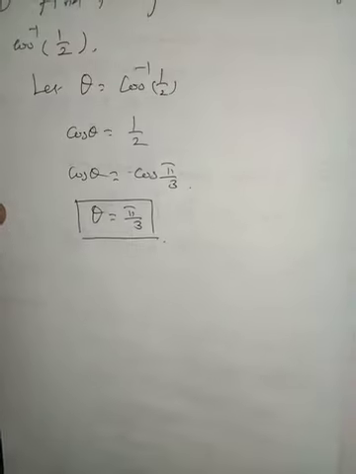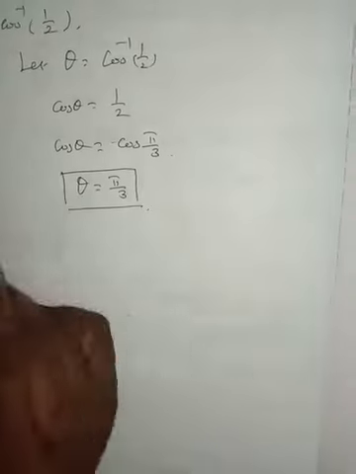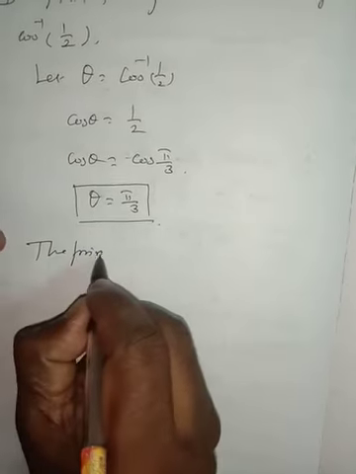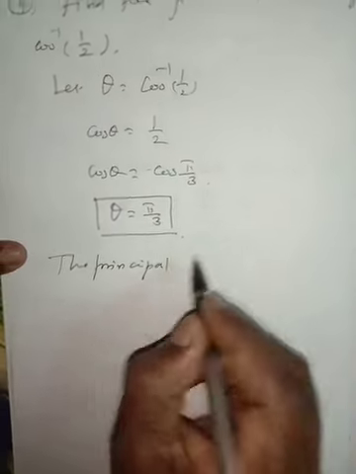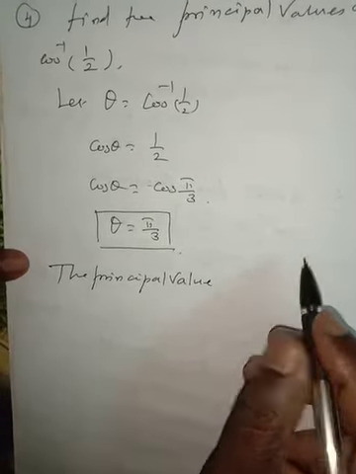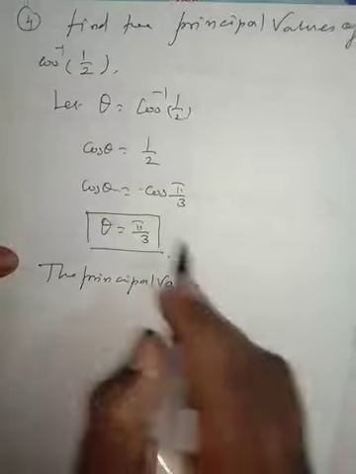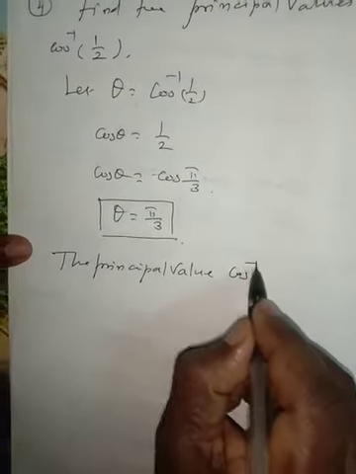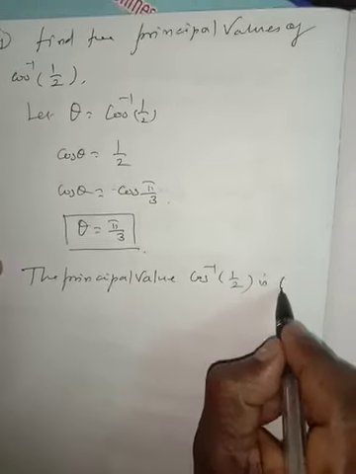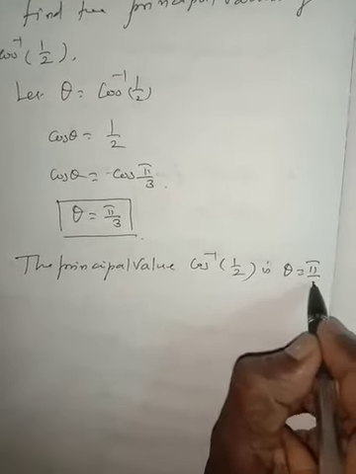Then the principal value of cos inverse of 1 by 2 is theta is equal to pi by 3.